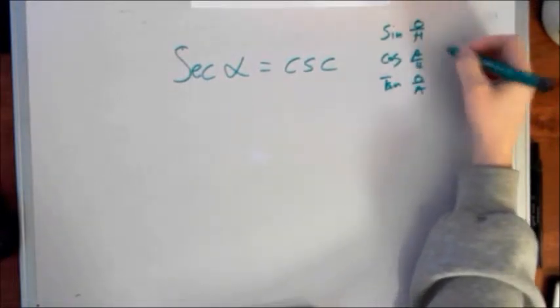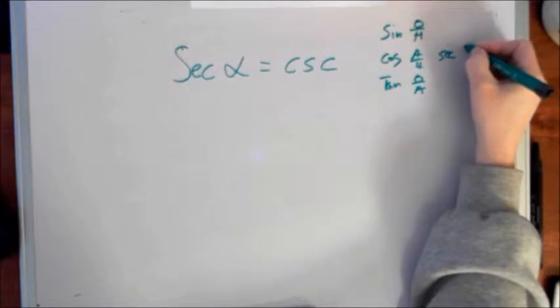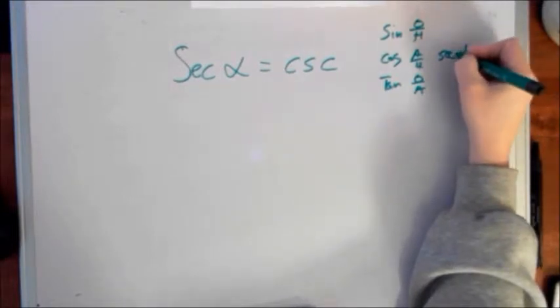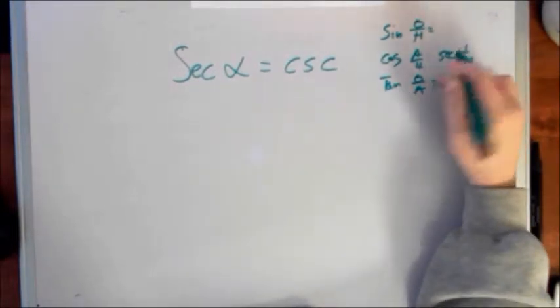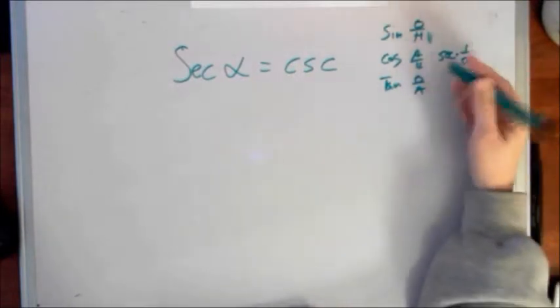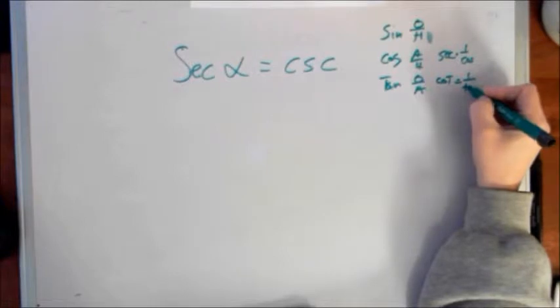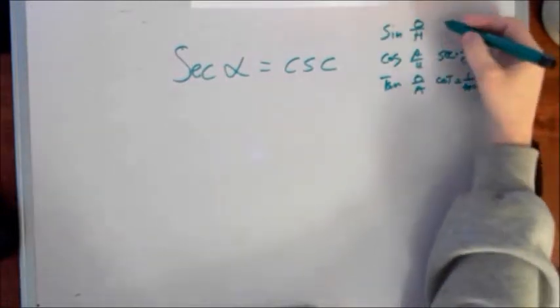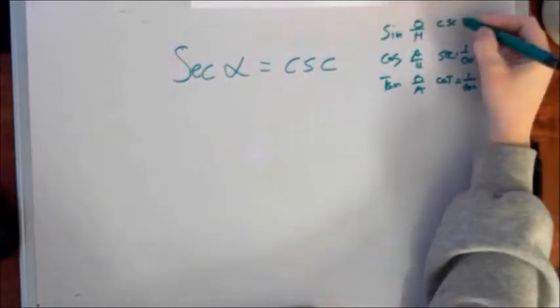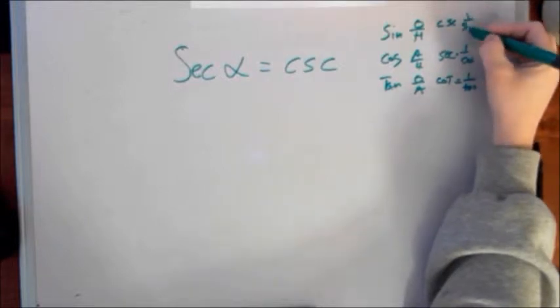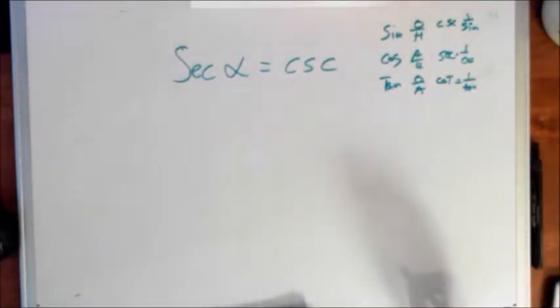and the new ones we learned, again, I start with secant, which is 1 over cosine. Cotangent is equal to 1 over tangent. The only one I haven't done is cosecant, which matches up with sine, which is 1 over sine.